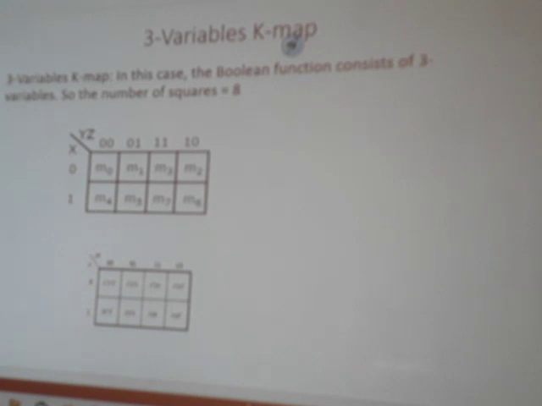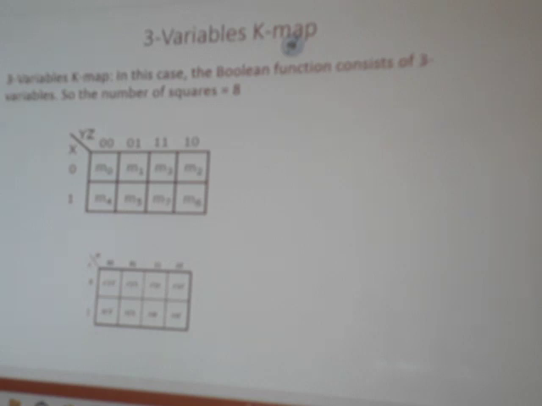The first square represents the minterm m0, the next square represents m1, then m3, then m2, then m4, m5, m7 and m6. These squares are labeled 0 0, 0 1, 1 1, 1 0, and in the vertical direction we have 0 and 1. Now we have three variables x, y, z.